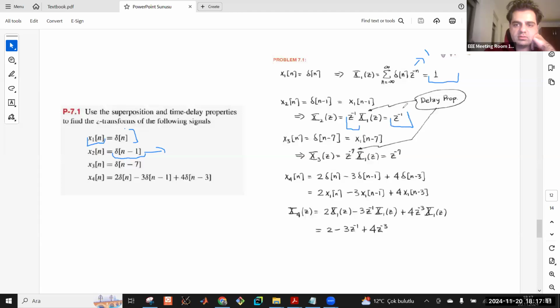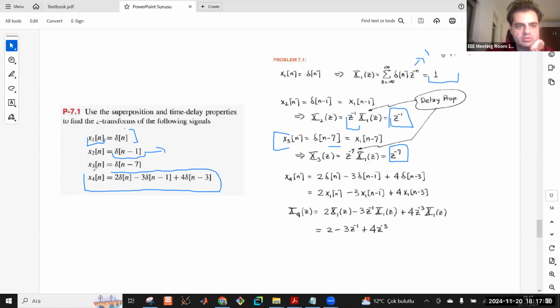Therefore, this is equal to z to the minus 1. x3 is very similar, just the delay term is different. So z to the minus 7 will be non-zero, and its coefficient is 1.